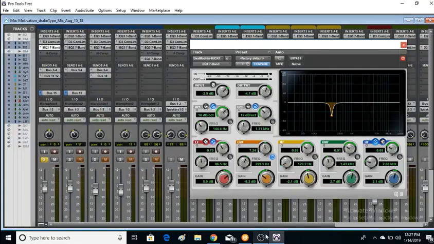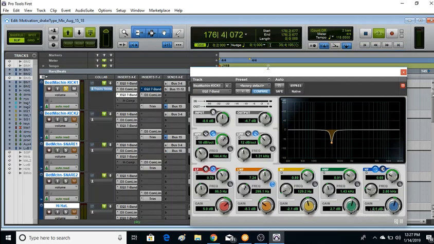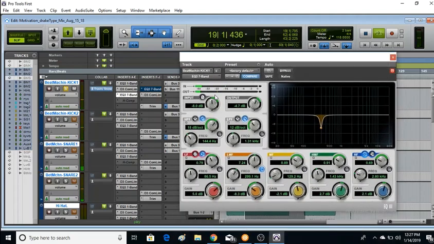All right. So, we've talked about Q, we've talked about frequency, we've talked about gain. Of course, you have your input and output, which, as the name suggests, literally adjusts how much and or how little of a signal you will have.